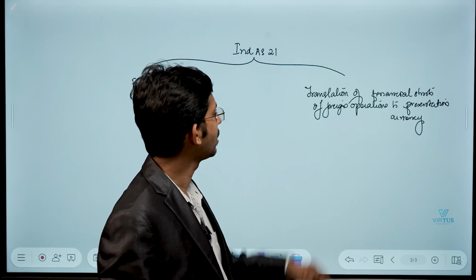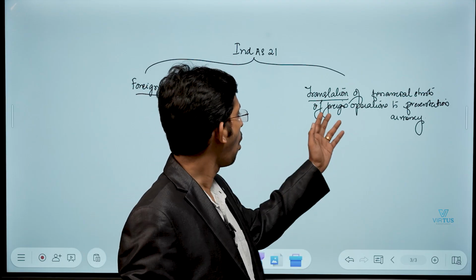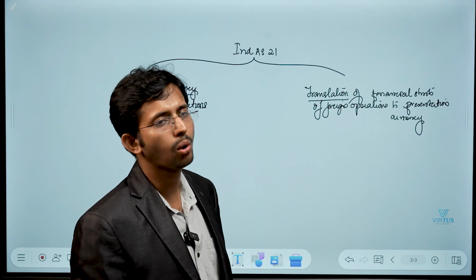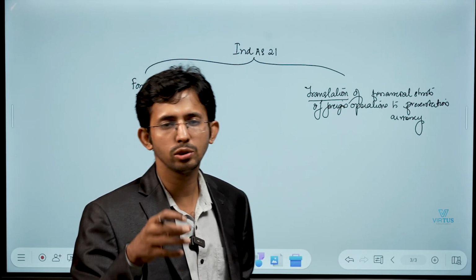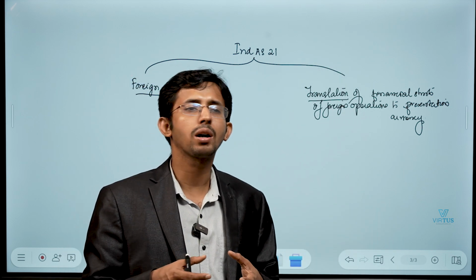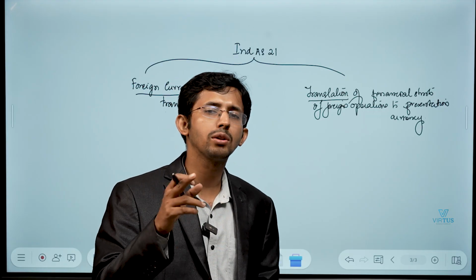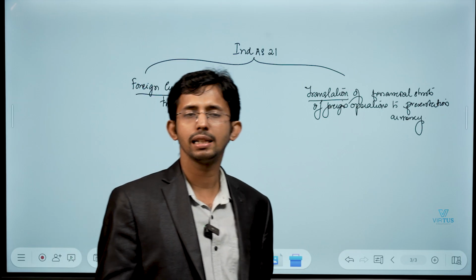Now what is this? Translation of financial statements of foreign operations to presentation currency. As I already told you, these foreign operations, whether it is a direct operation or a joint venture or a subsidiary, will maintain their books of accounts in functional currency, and that functional currency could be different from our Indian rupee, which is the presentation currency.